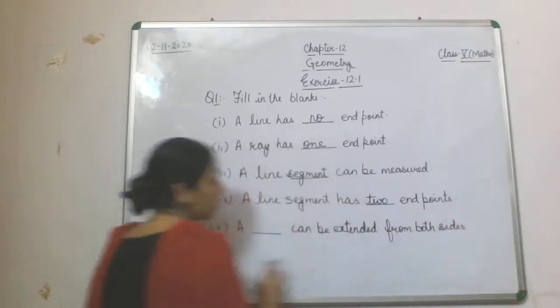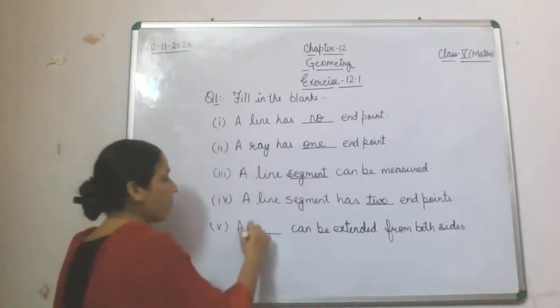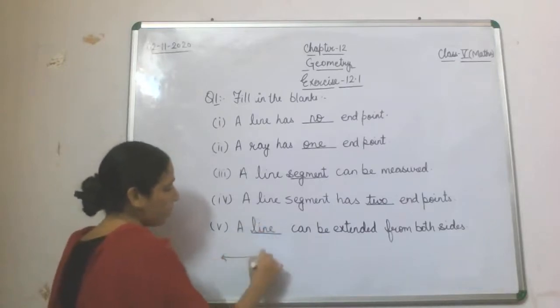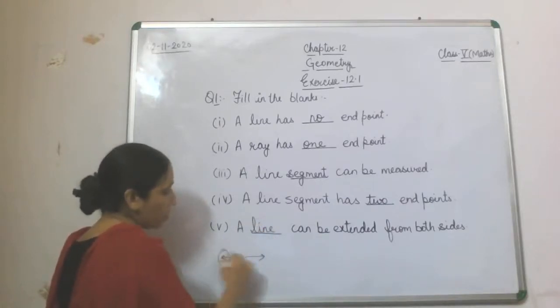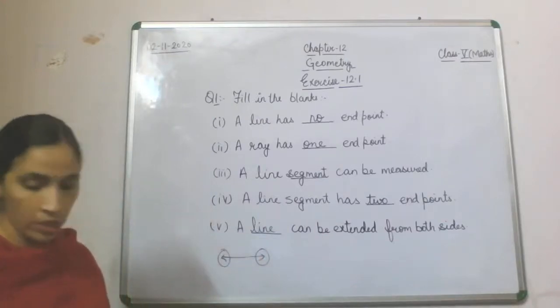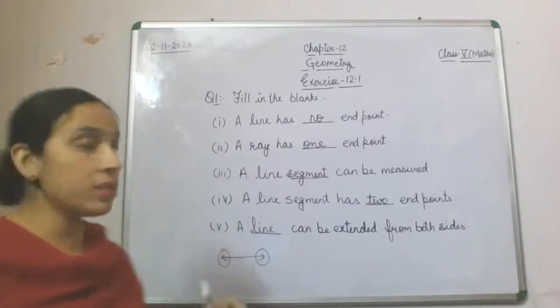So, which can be extended from both sides? Line. Because we have an arrow. Like this we are representing a line. Now these arrows represent that it can be extended from both the sides. So I hope there is no problem in this fill in the blank.